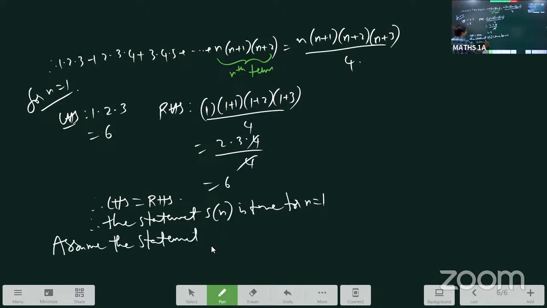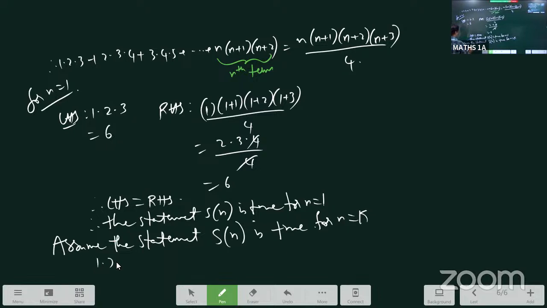Correct? Now we have to assume the statement S of n is true for n equal to k. Assuming the statement S of n is true for n equal to k means what? Directly you will substitute n as k. Is it clear?